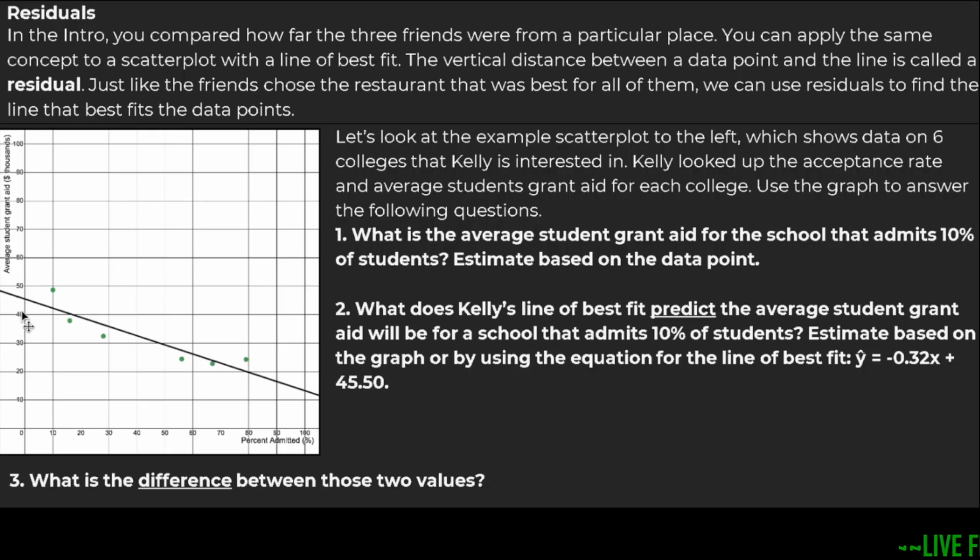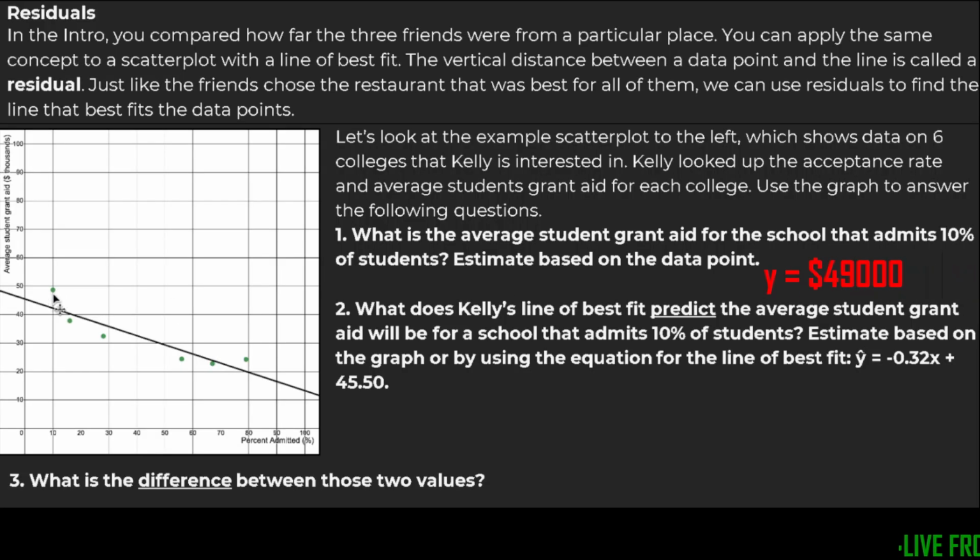You have to remember too, these numbers are not $40. It's like 40,000, 50,000, 60,000. So let's find where it's at. I'm going to find 10%, which is this line right here. And I'm saying, okay, approximately, since it's the average, we're going to say it's about where the actual point is.